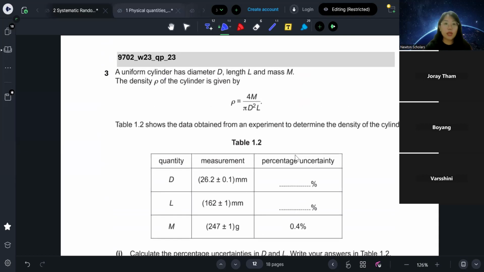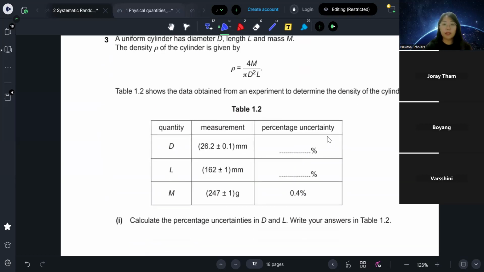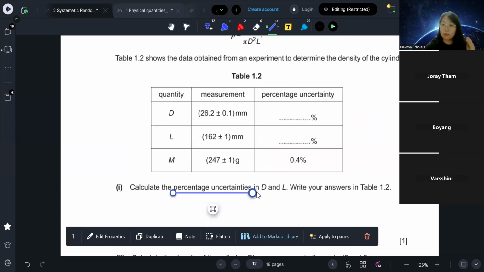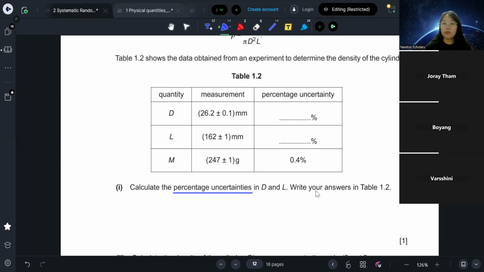This is a 2023 November exam question. First, they're asking you to calculate the percentage uncertainty. So I want you to calculate by yourself. Find the fraction times 100%. That is your percentage. Then write your answer in the table. Then you type in the chat box. Let me know what your answer is.